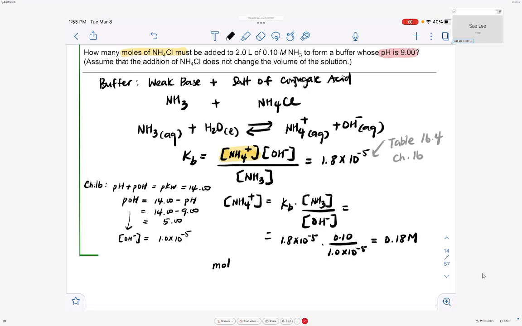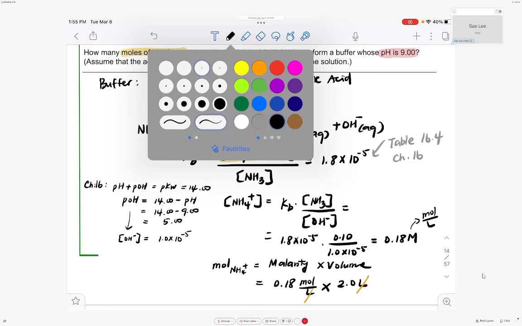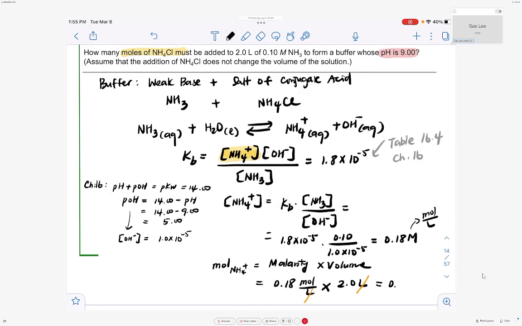Mole of ammonium is basically going to be molarity times volume, right? 0.18, this is basically mole per liter, times the volume, which is given as 2.0 liter. Liter and liter cancel. You're going to be left with mole. The answer is 0.36 mole. This is going to be the final answer for the question.